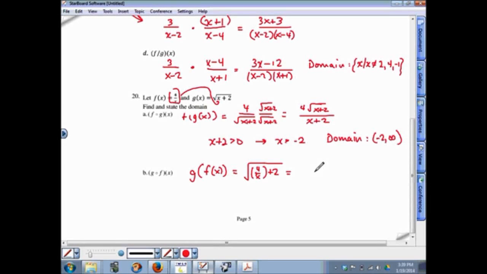Now, if we combine this on the inside, write that as one expression, we can multiply that by x over x. This is 4 plus 2x over x. Now this is going to have to be rationalized.